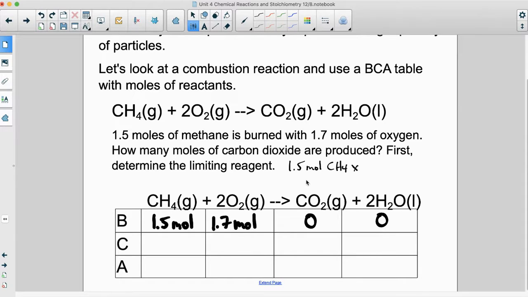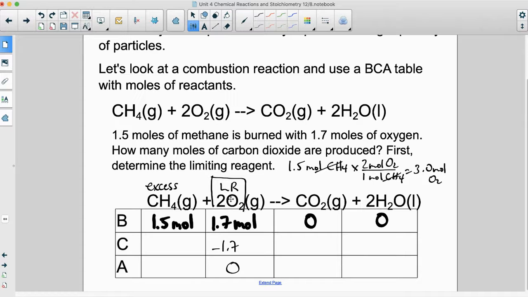So if I multiply by my ratio of 2 to 1, so 2 moles O2 over 1 mole CH4, I can see that I need 3.0 moles of O2. And if I look here, I've got only 1.7. So oxygen is the limiting reagent. Okay, oxygen is the limiting reagent. The methane is in excess. So let's subtract away the limiting reagent.